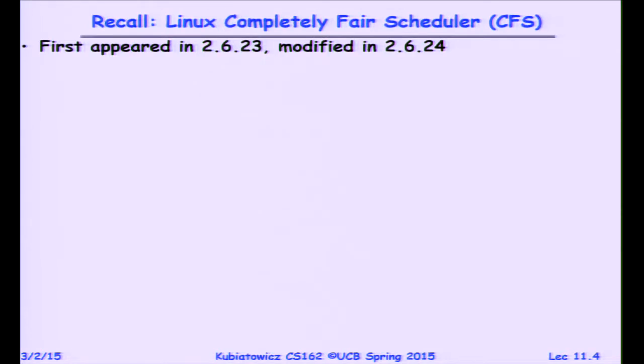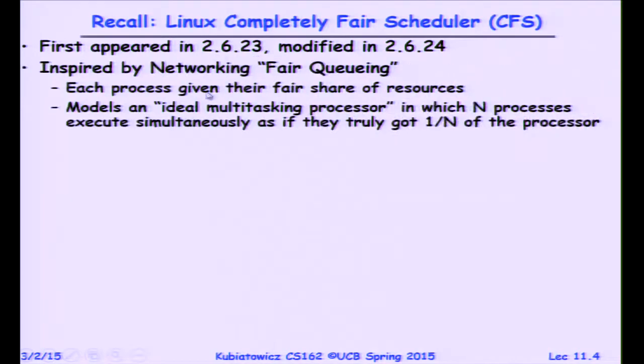We kind of ran out of time, but this was the official scheduler as of about version 2.6.23 of Linux, and it was inspired by fair queuing: every process is given its fair share of resources, rather than trying to figure out how to adjust priorities in some arbitrary way to get the behavior you want. The way to think about CFS is that it's modeling an ideal multitasking processor.